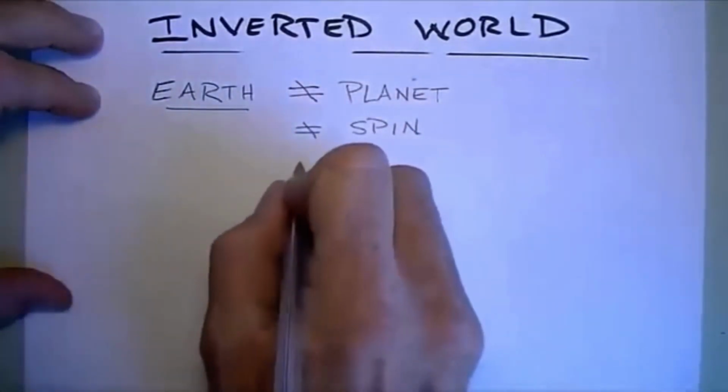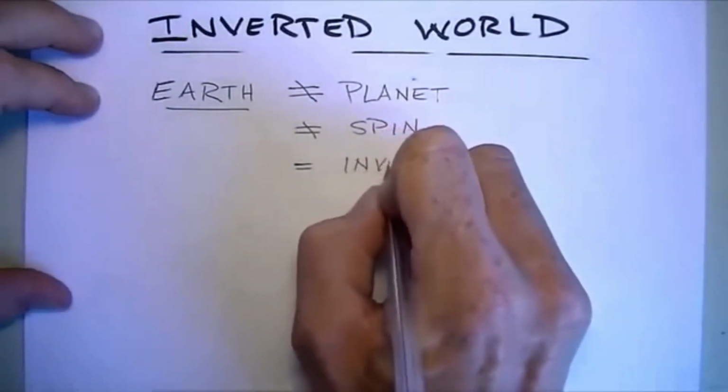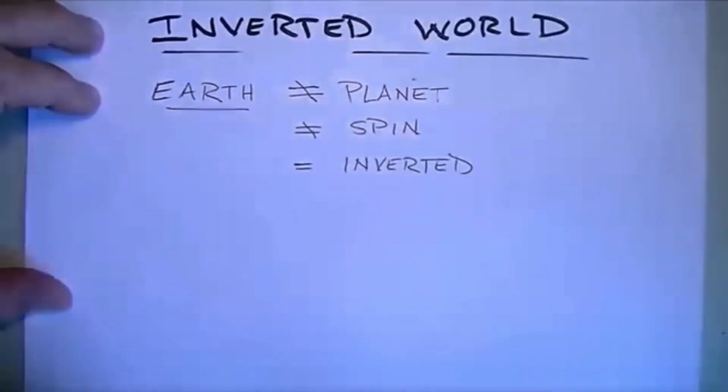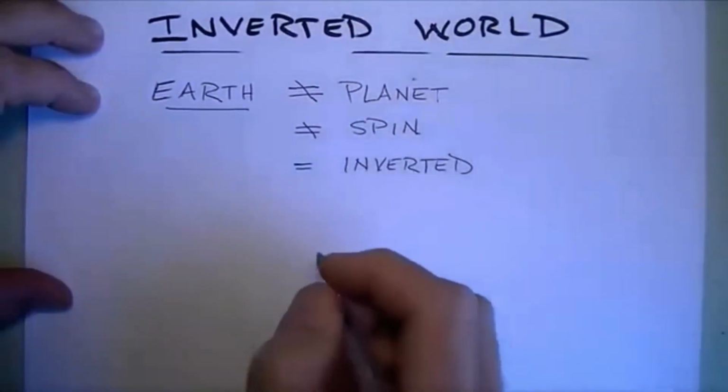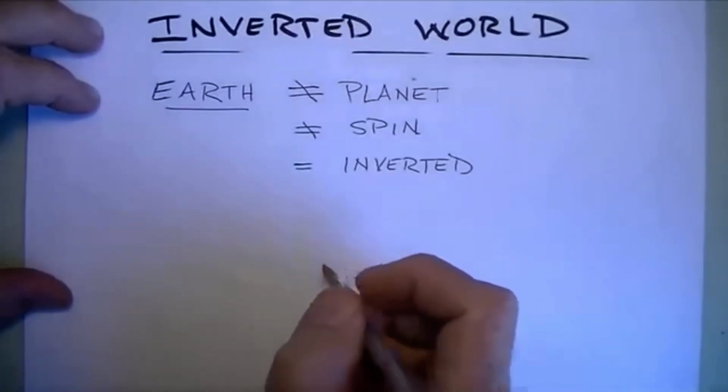Earth is inverted. What does that mean, inverted? Well, that means that the surface of the Earth on which you stand on curves upward.